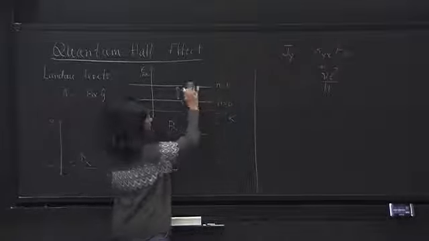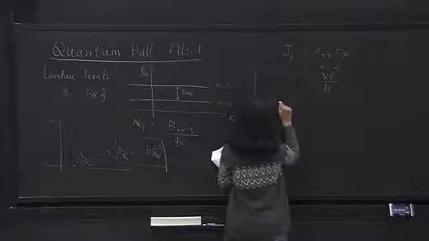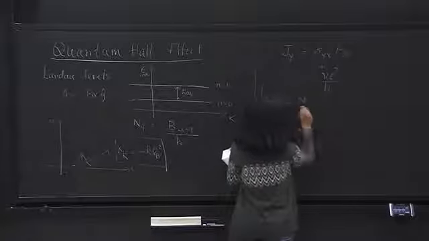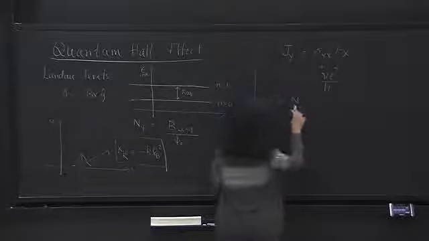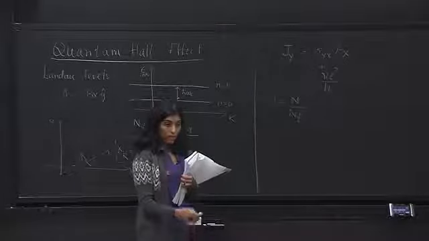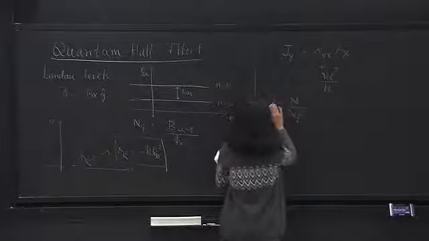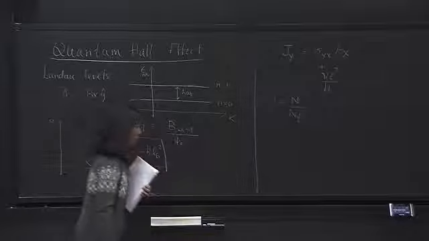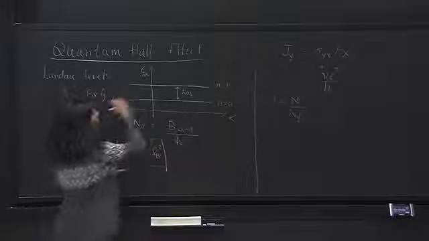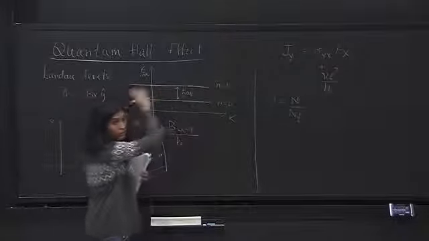And nu indicates the filling of the single particle spectrum, which is that nu is the number of electrons divided by the degeneracy of each Landau level. Okay, so nu is known as a filling factor, and it tells you how many of these Landau levels are filled.